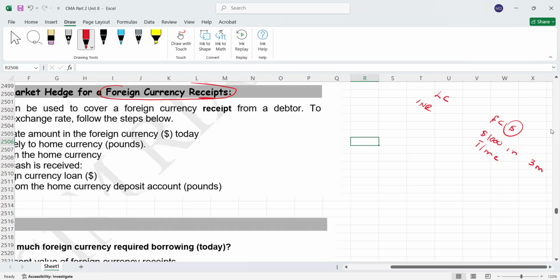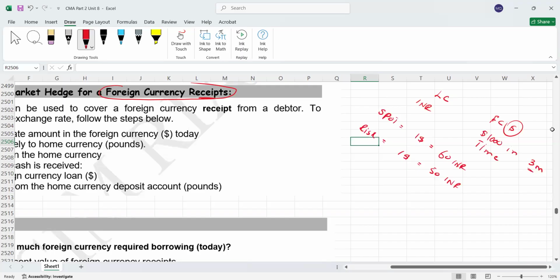Now I'm assuming we have a spot, meaning today's exchange rate. Let's assume it is $1 equals 60 Indian rupees. But we have a risk that by the end of 3 months, the rate could be $1 equals 50 Indian rupees.